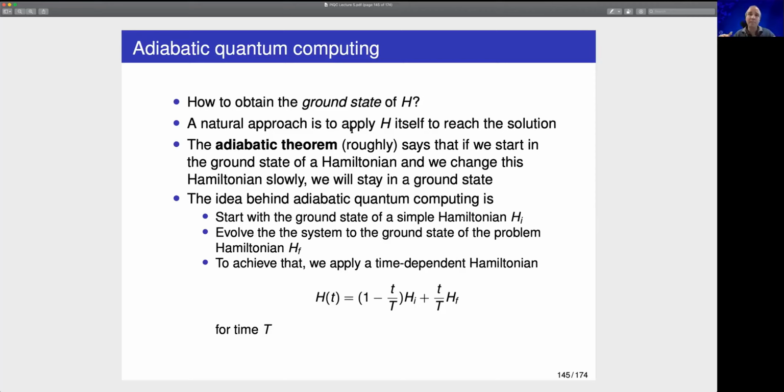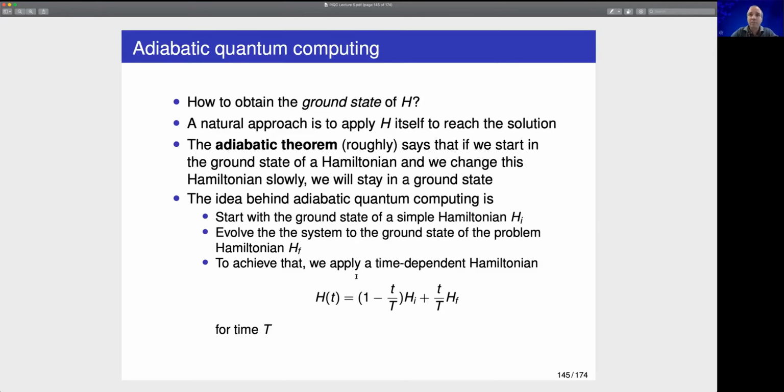If we apply this Hamiltonian for a slow enough evolution time, what we obtain at the end is a new state of the system, which is again in the ground state of the final Hamiltonian, okay? So the idea here is that if we do not inject energy into the system, it is not going to be able to jump from a ground state, a state of minimum energy, to an excited state, a state which is more energetic than the ground state, okay?